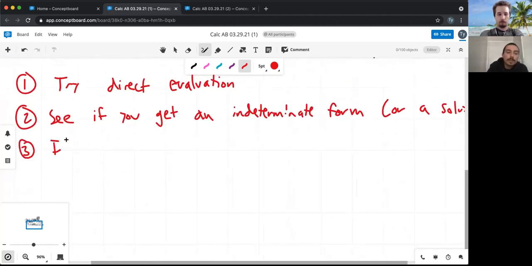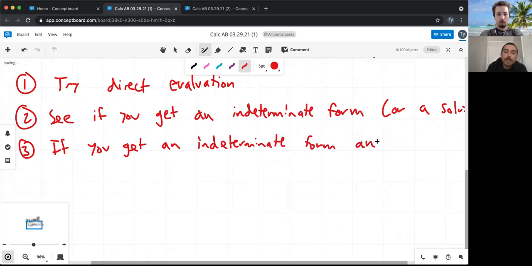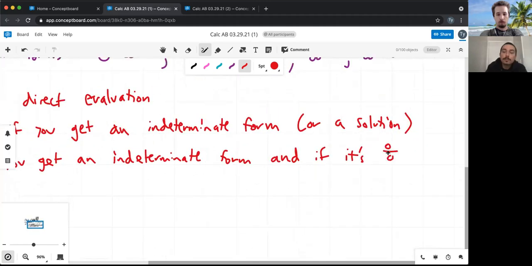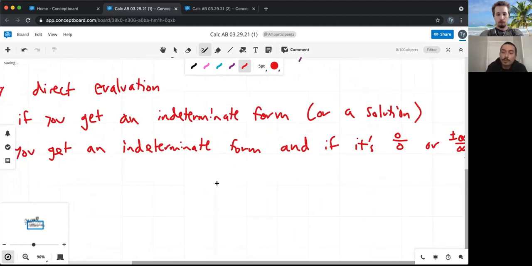Step 3, if you get an indeterminate form, and if it's 0/0 or plus or minus infinity over infinity, use L'Hopital's rule.